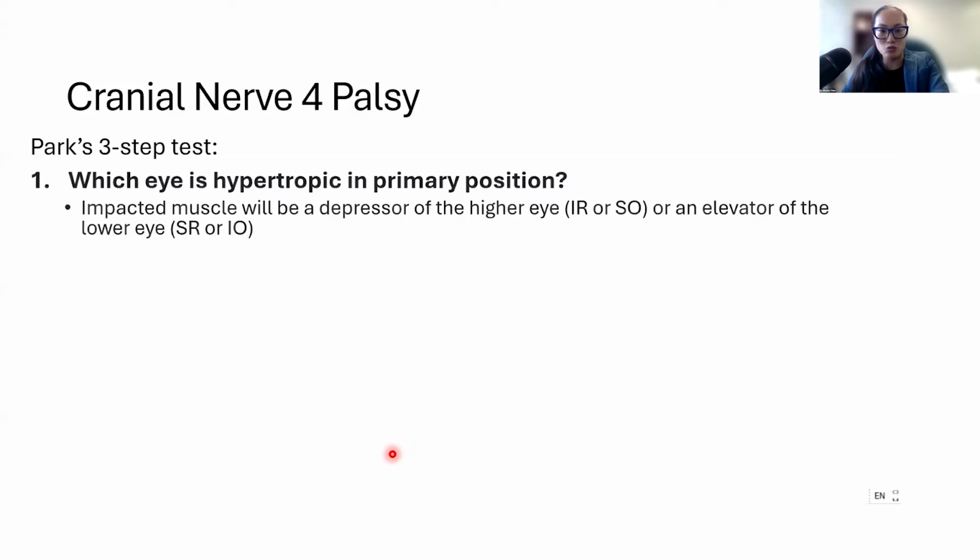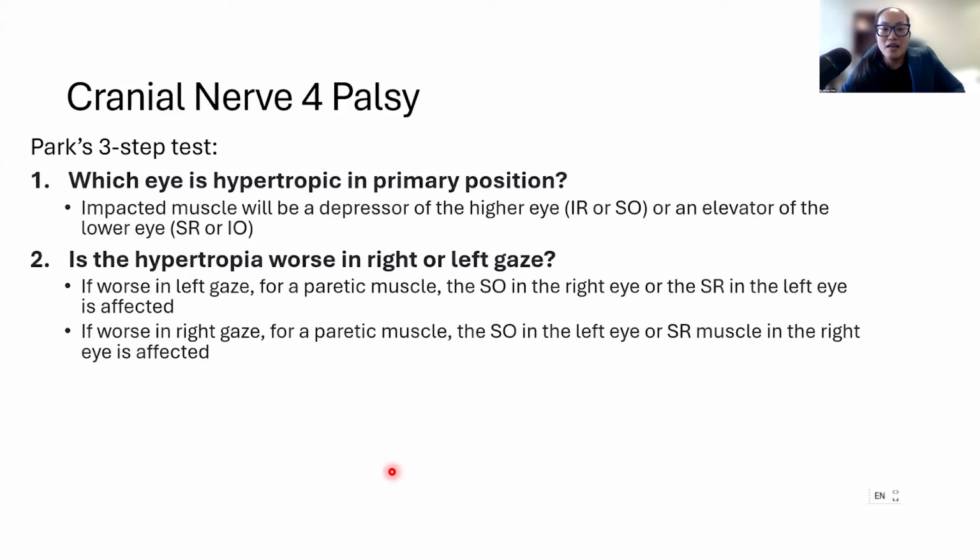Once you've determined which eye is the higher one, you need to see, does it get worse in right or left gaze? Does the higher eye get higher in left gaze or in right gaze? If it's in left gaze, then it's the superior oblique in the right eye or the superior rectus in the left eye that is affected. So you circle over there in the left side, okay?